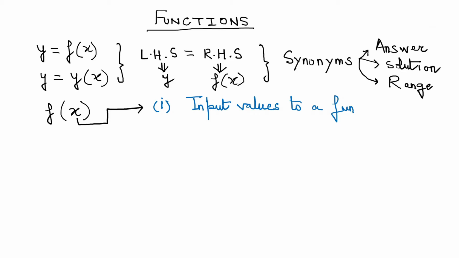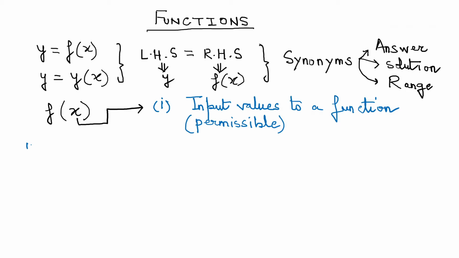This is the first and the foremost thing that you need to understand here. And when we use the word input values, then one more adjective that could have been used here is permissible input values, values which are permitted to be inputted by virtue of the stature or the status of the function.